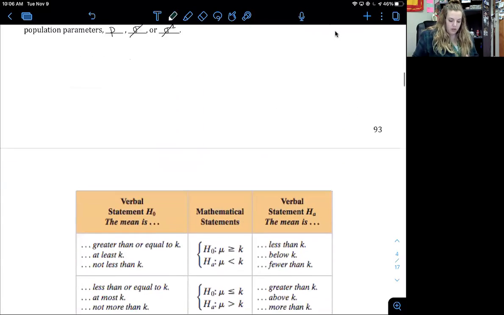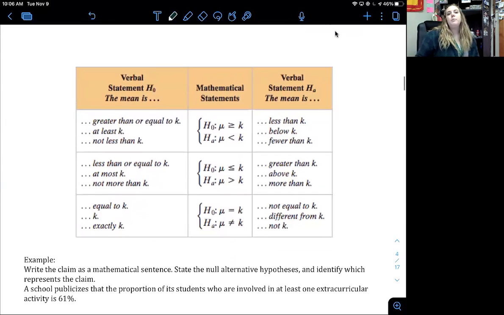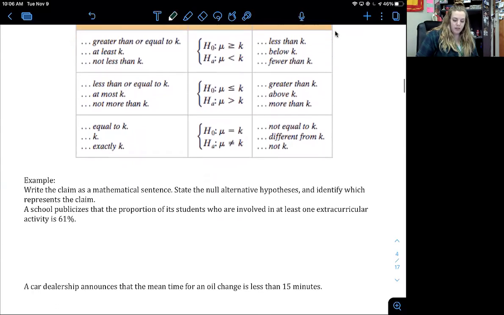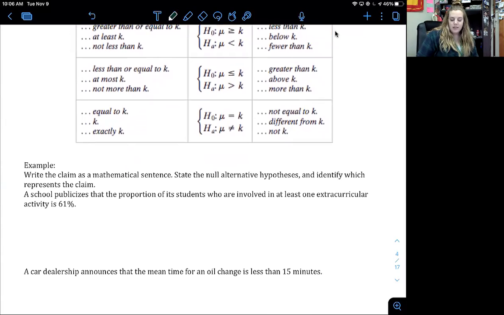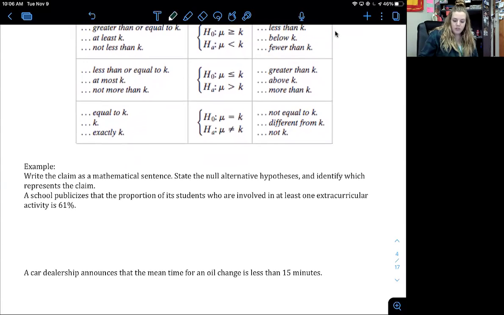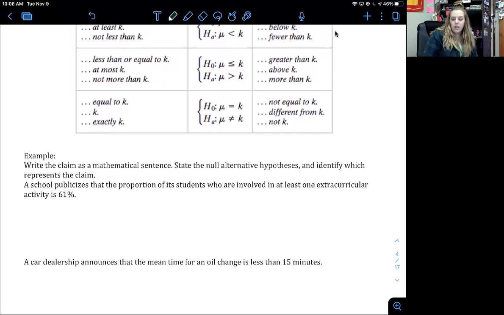Okay, so I went ahead and gave you a table from your book that gives you different verbal statements and how you would write those as mathematical statements. What we're going to look at now is this example. Write the claim as a mathematical sentence, state the null and alternative hypotheses, and identify which represents the claim. So, a school publicizes that the proportion of its students who are involved in at least one extracurricular activity is 61%.